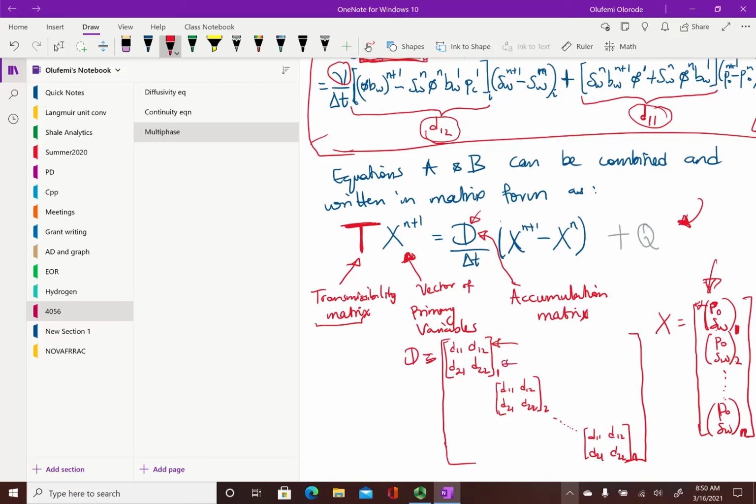It's from the oil equation, which is the second row, we get water saturation. And all of that corresponds to the first grid block, which is why we put subscript 1 here. And we have another matrix like that for grid block 2 all the way to grid block N. And that is your accumulation matrix. It was obtained from the discretization of this, right, for any phase alpha.